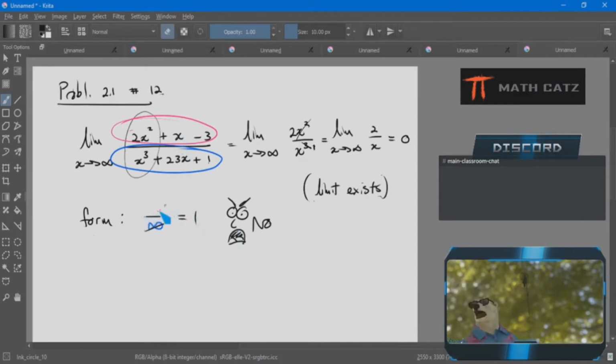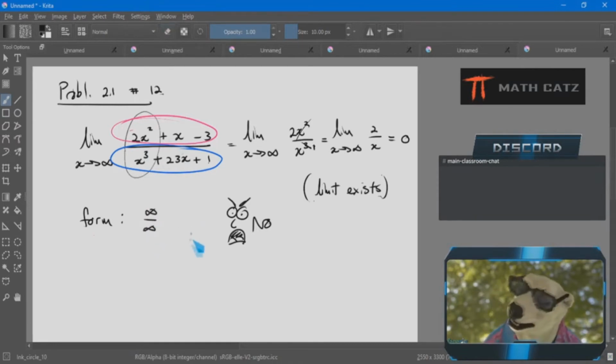All I'm saying is, sometimes when I look at the pieces individually, they could highlight what is happening, and they could not. In this case, I have an infinity over infinity.